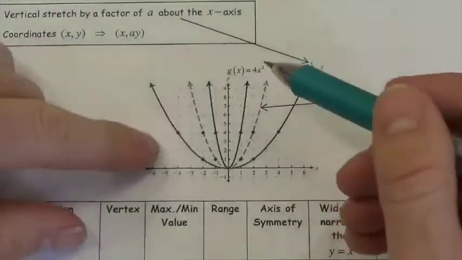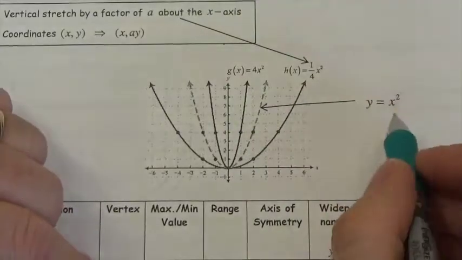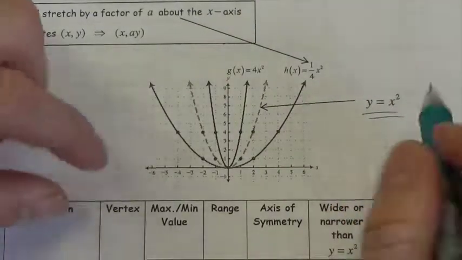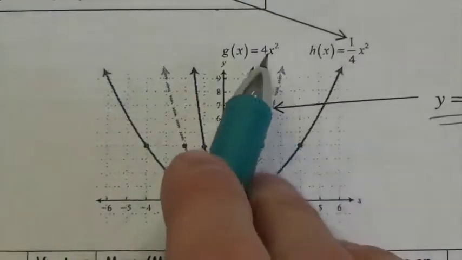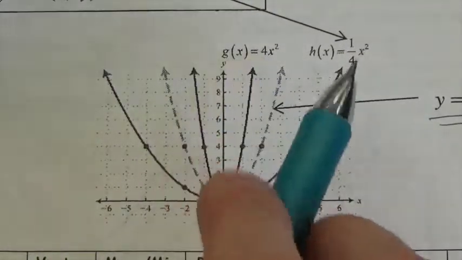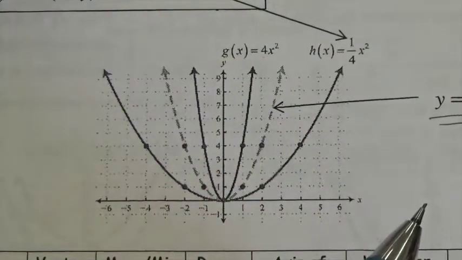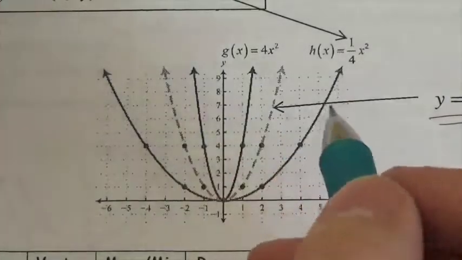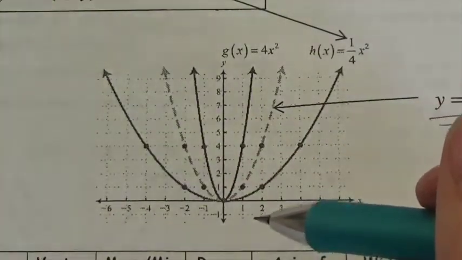So just to see what's going on here, the dotted one is your regular y equals x squared. Now, if I replace the a with 4, I want you to think about what's going on. I'm taking the y coordinate, after I've squared the x, and multiplying it by 4. That is creating a larger y coordinate.